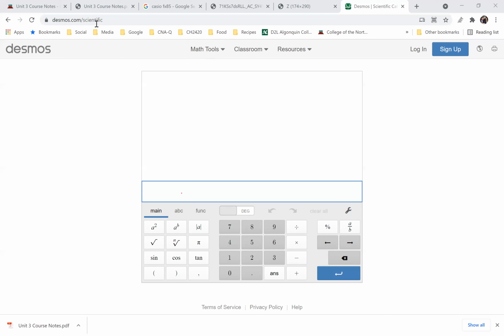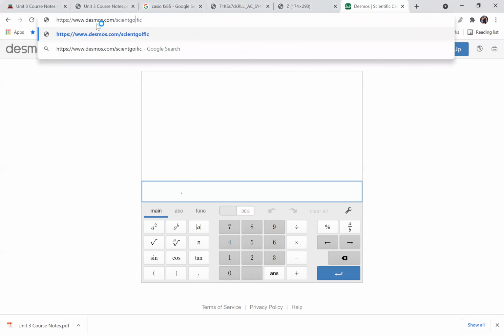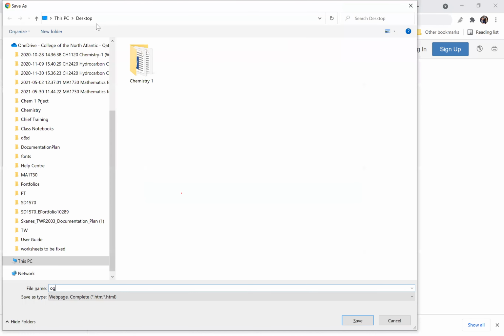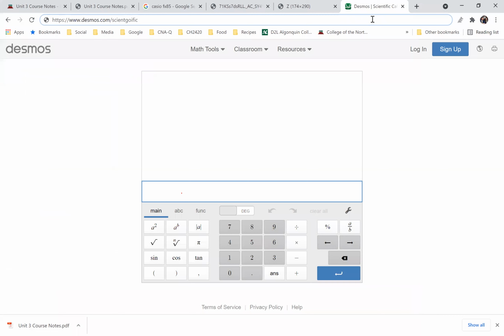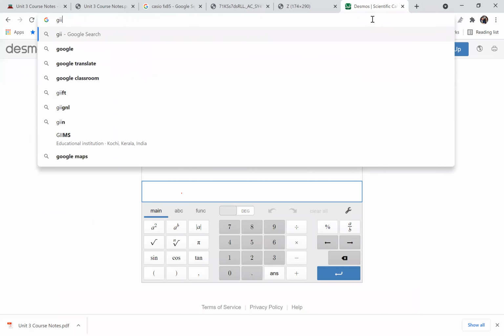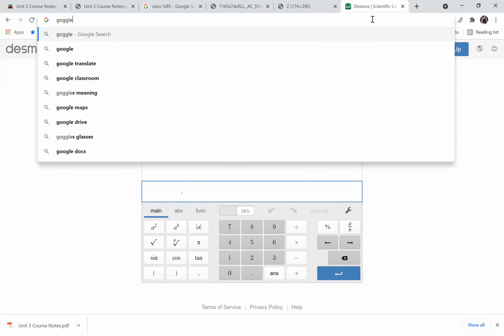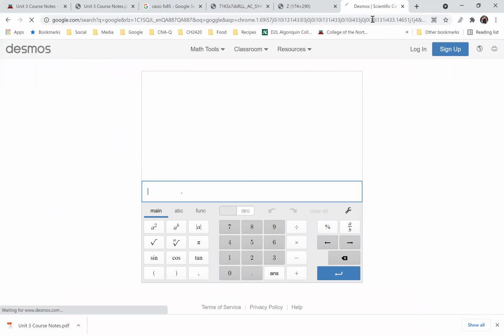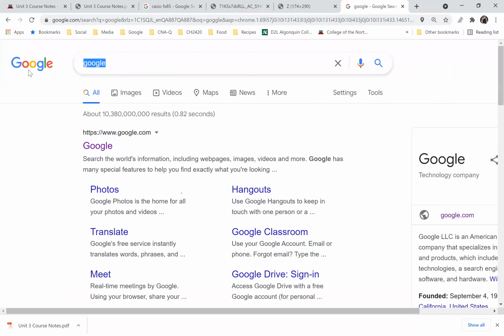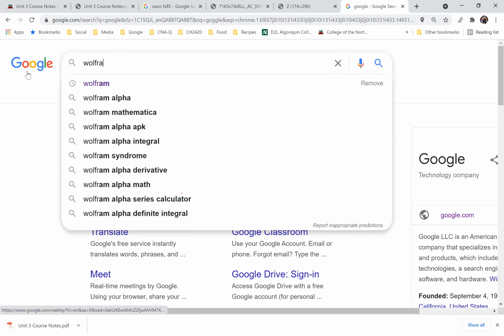You want to go to Google. Okay, so go to Google. I don't know the address or anything. Oh my God, hold on, my computer is giving me a pain in the butt here. So go to Google. And then, once you're in Google, type in Wolfram, W-O-L-F-R-A-M.